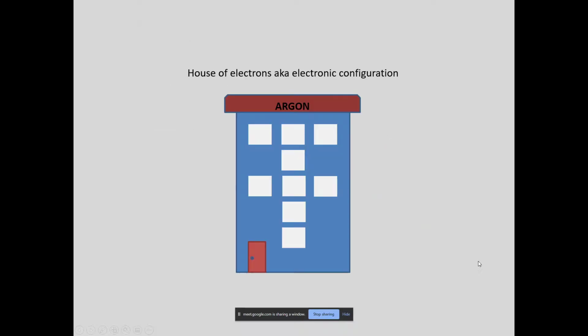Okay, now macam saya cakap tadi, electronic configuration is basically what we are saying of address electron. So bayangkan, this is an example of orbitals lah.